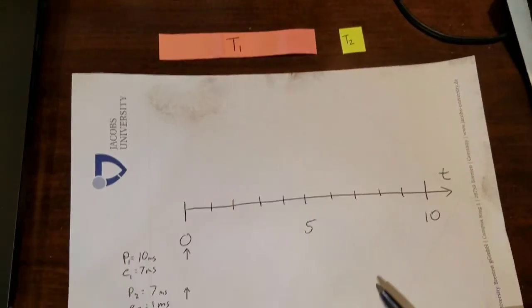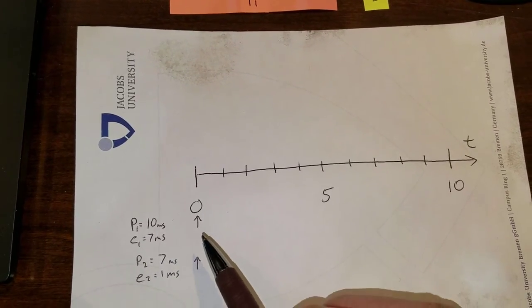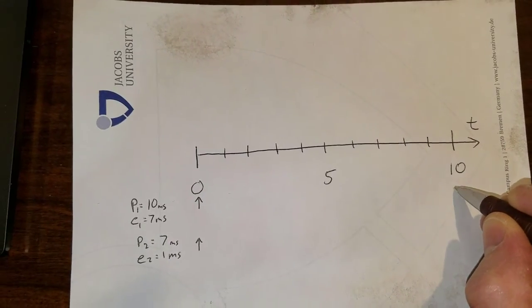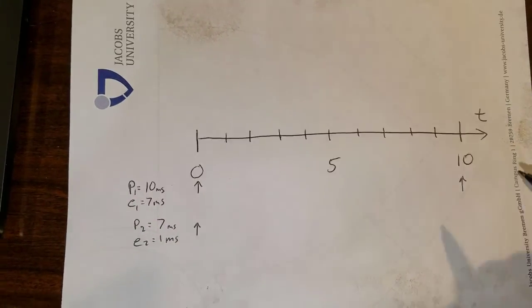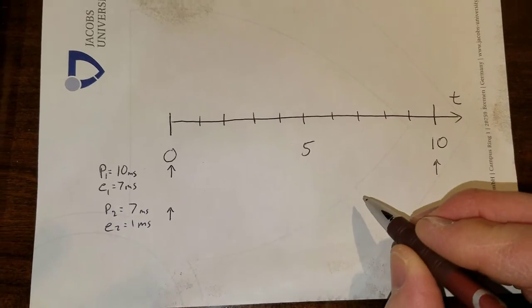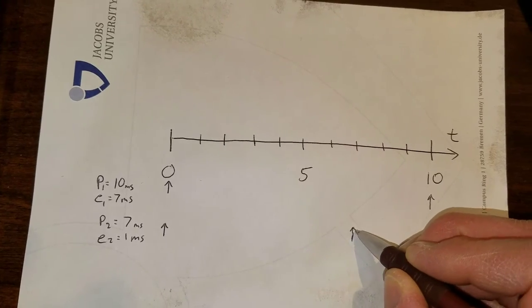What's going to happen with these two tasks as we compute the laxity? So we draw our normal initiation times for task 1 and task 2. This is every 10 milliseconds, so there is another release time here. And for task 2, it's every 7 milliseconds, so it has another release time right here.